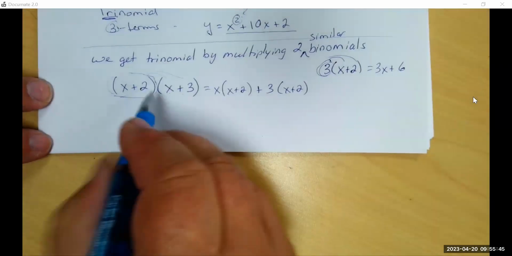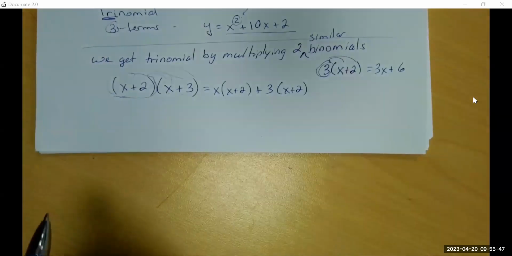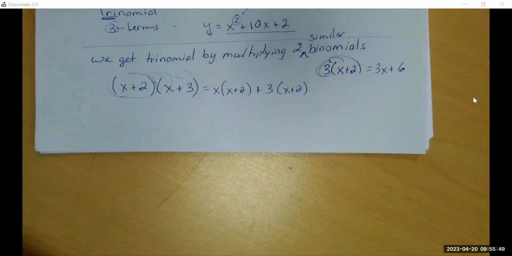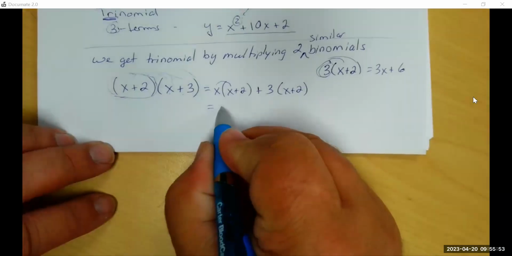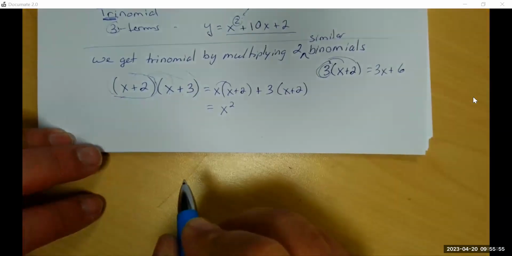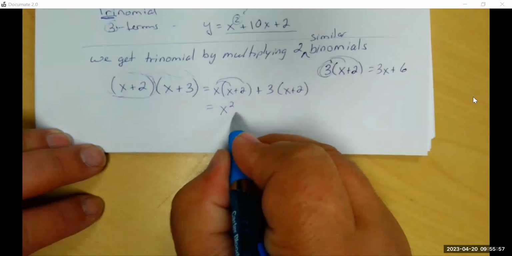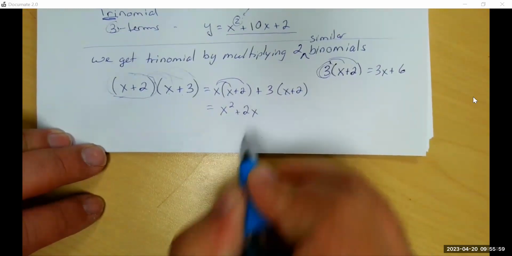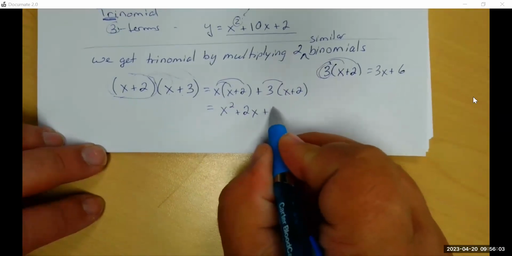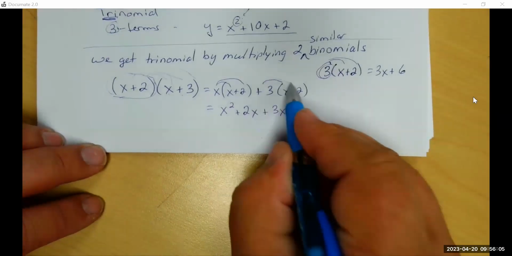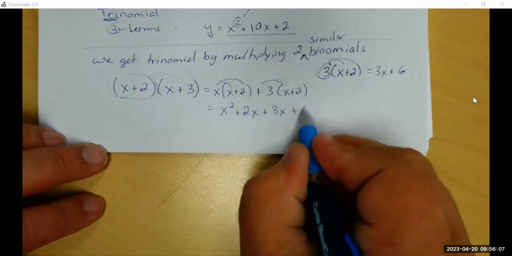So whatever's in front, I just put it behind whatever's inside the second one. And then I distribute again. X times x is x squared. X times 2, positive 2x. 3 times x, it's positive 3x. Positive and positive, 3 times 2 is 6.